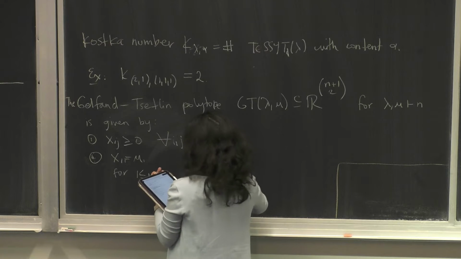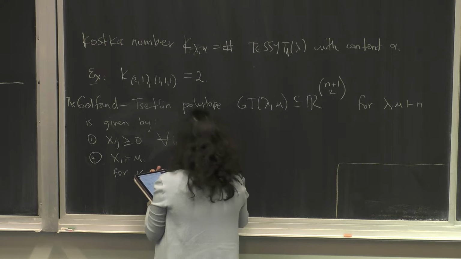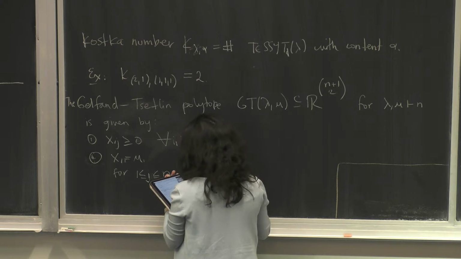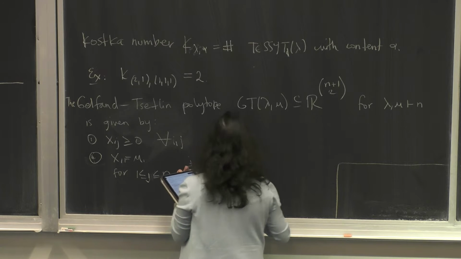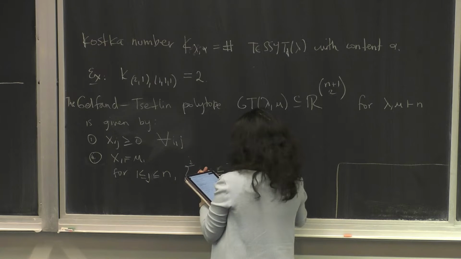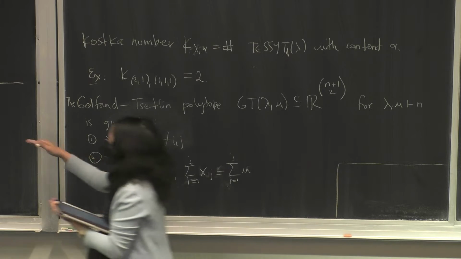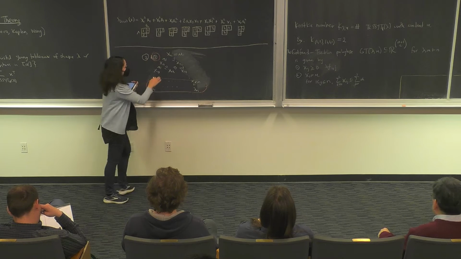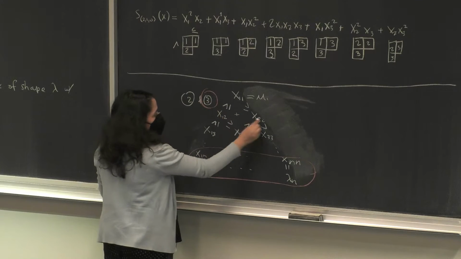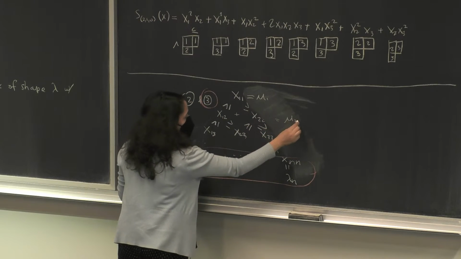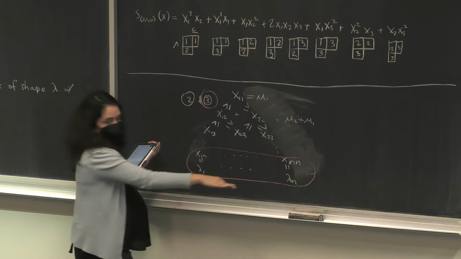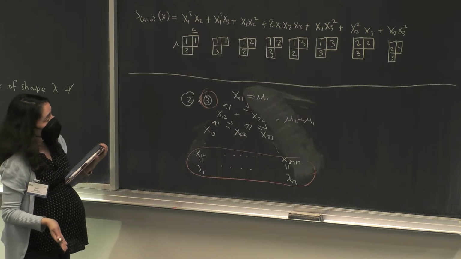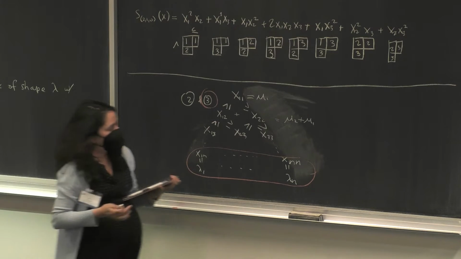Okay, so this one is easy. This should be mu_1. And then if you look at the sum of these two, this should equal mu_2 plus mu_1, and so on and so forth until the bottom. If you consider all those four inequalities, you're going to get a Gelfand-Tsetlin polytope.